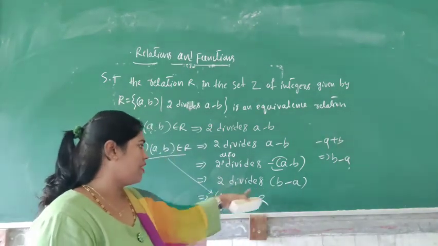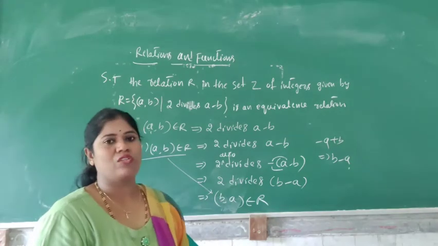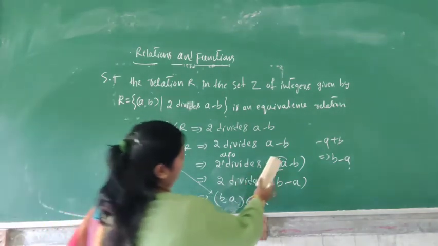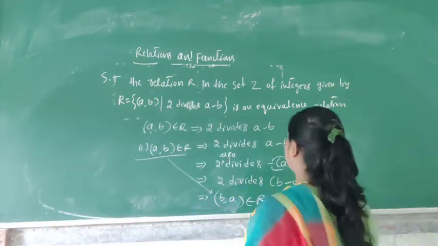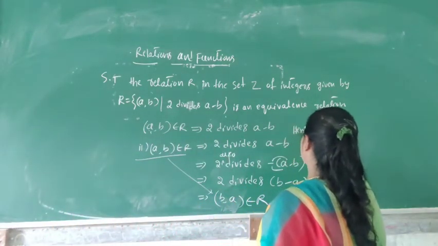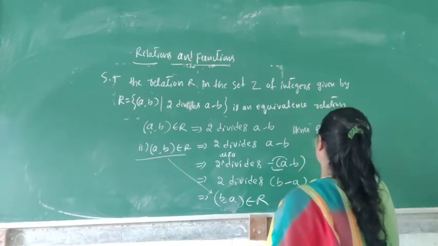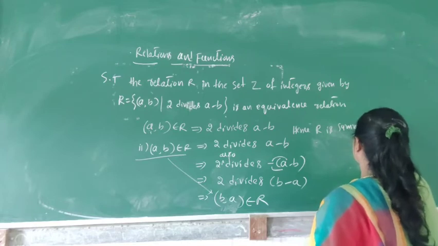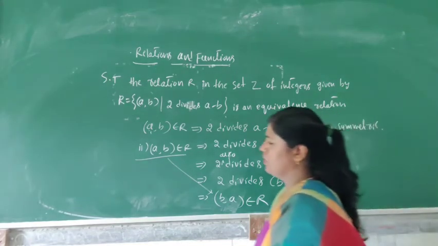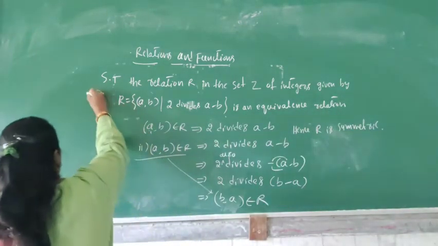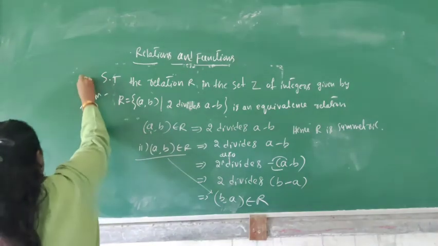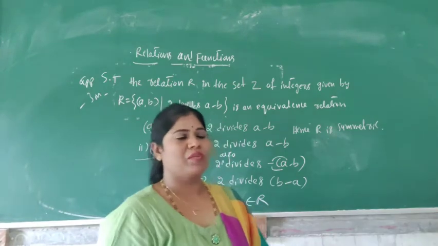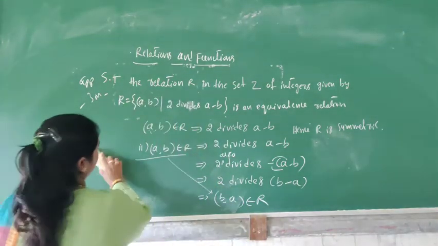So (b, a) should also belong to the set R. Hence R is symmetric. It is an important question, 3 marks. This is a question paper problem.